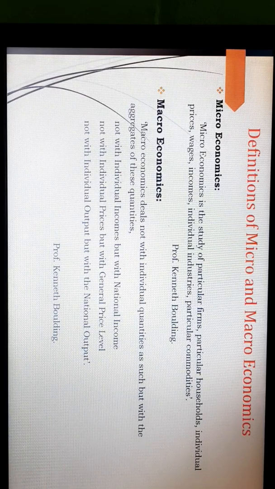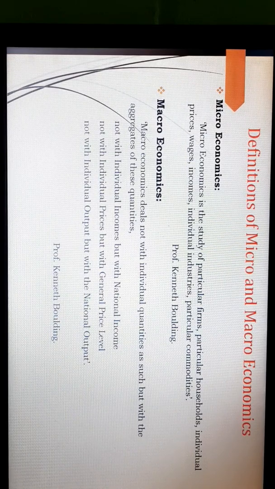Now we will study few definitions of micro and macroeconomics, which precisely tells us what microeconomics and macroeconomics is. Okay. So microeconomics, the definitions which you can see on the screen are given by Professor Kenneth Boulding. So microeconomics, according to him, is what? Microeconomics is the study of particular firms. Now you will see that here different individual economic units are given to you. That individual economic units like particular firms, particular households, individual prices, wages, incomes, individual industries, particular commodities are studied under microeconomics.